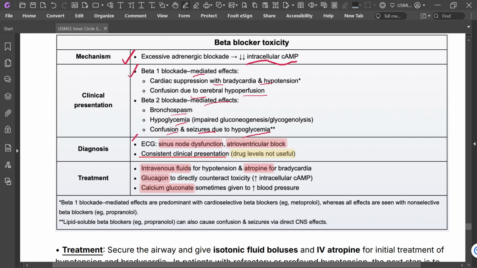Diagnosis: ECG shows sinus node dysfunction and AV block, with a consistent clinical presentation. Drug levels are not useful here.